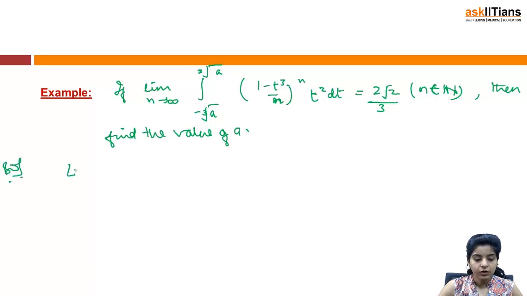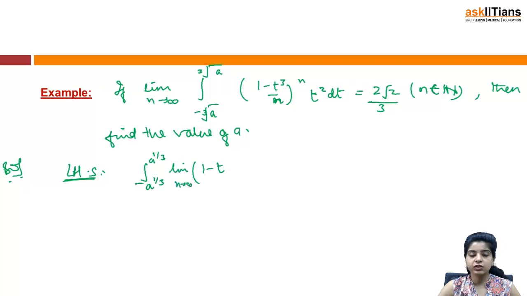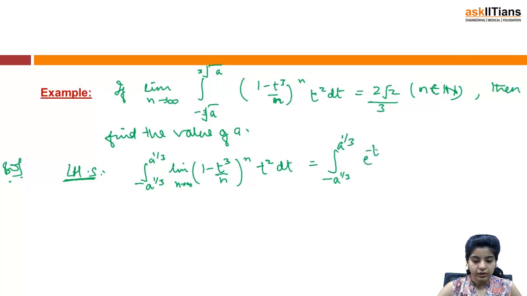So first of all, let me consider the RHS. The RHS is the integral from minus a raised to 1 by 3 to a raised to 1 by 3. I can take the limit inside the integral sign, as we have discussed just now in the property, and then I have (1 minus t cube by n) raised to n, t square dt. Now this can be written as the integral from minus a raised to 1 by 3 to a raised to 1 by 3 of e raised to minus t cube, t square dt.